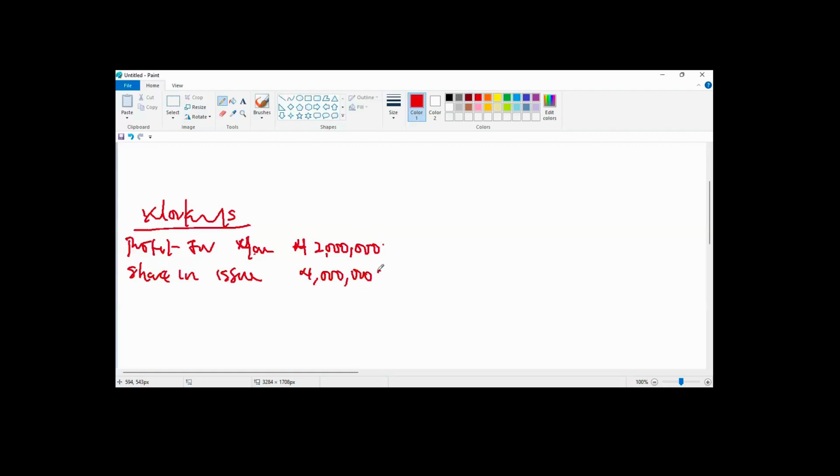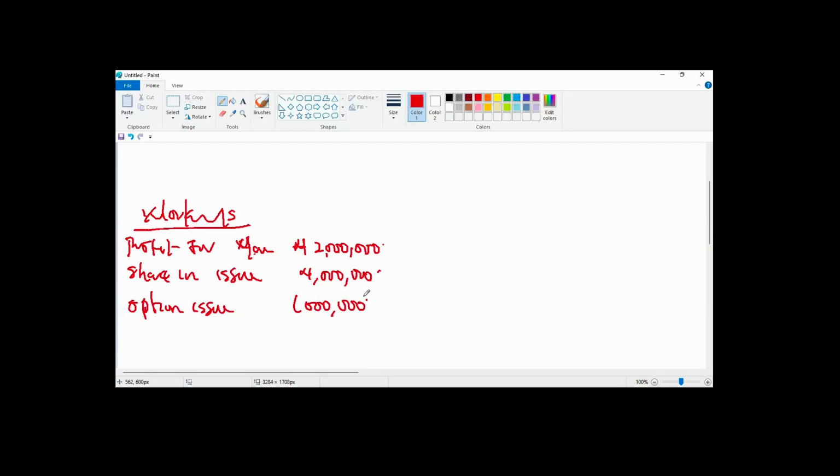There were no new issues of shares in the year, but there were 1 million outstanding options. Options issued is 1 million, to buy shares for 3 naira each.